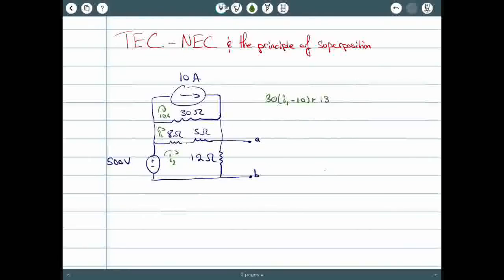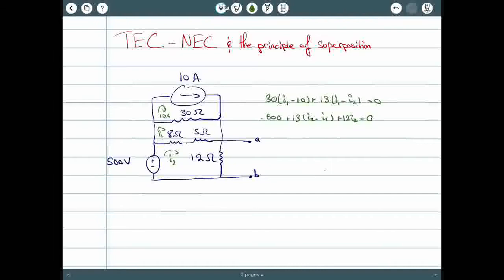The two resistors there are just gonna add up to 13 into I1 minus I2 is equal to 0. And the second mesh current equation is minus 500 plus 13 into I2 minus I1 plus 12 I2 is equal to 0.